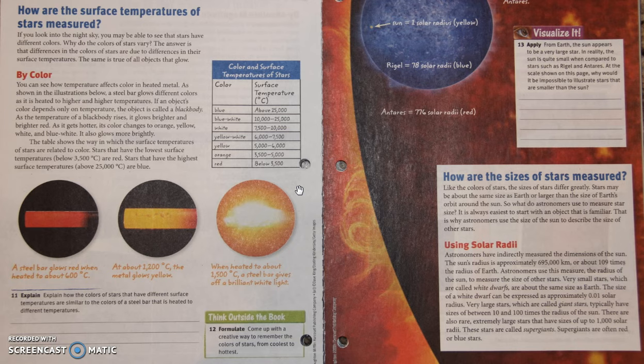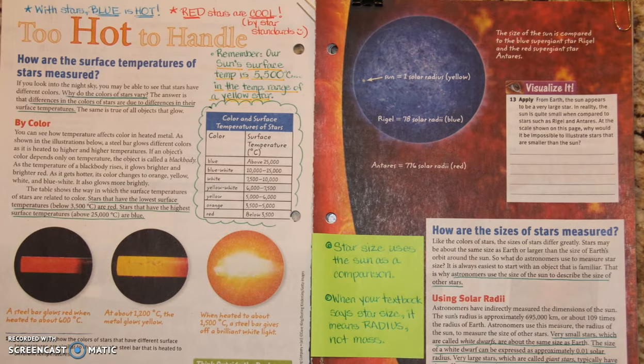At this point, I'm going to pause and show you some of the things that I want to make sure that you remember and write down. On page 288, I underlined why do stars vary in color. The differences in color are due to their different surface temperatures.